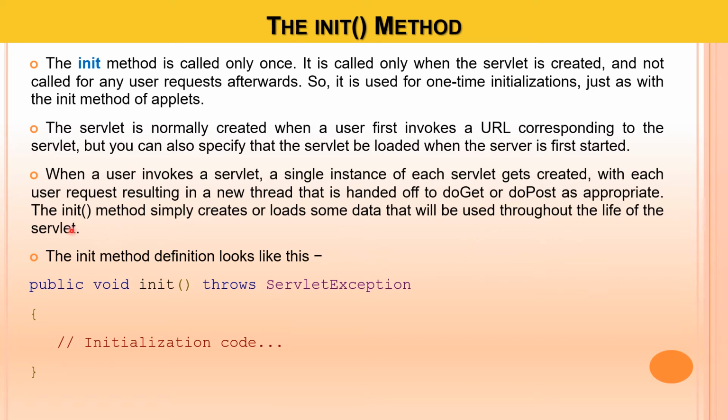It is a one-time initialization when the servlet is created, and it will not be called later on. So it will be created when the user first invokes the web address of the servlet.